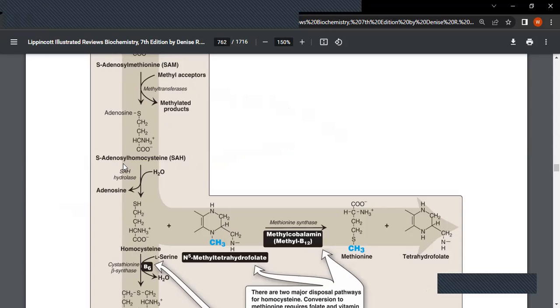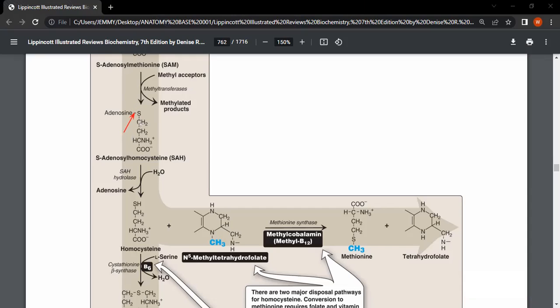Now the S-adenosyl homocysteine undergoes cleavage of a bond. Which bond will we cleave? I'm sure you can see it. We will cleave this bond to release adenosine. We add water, cleave that bond, release the adenosine, and we are left with the homocysteine.